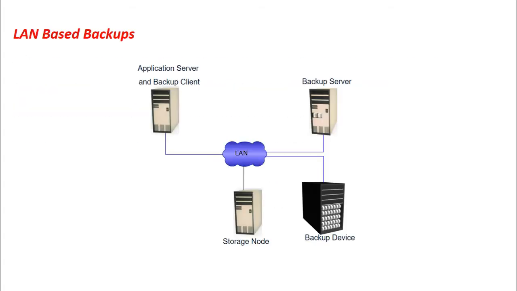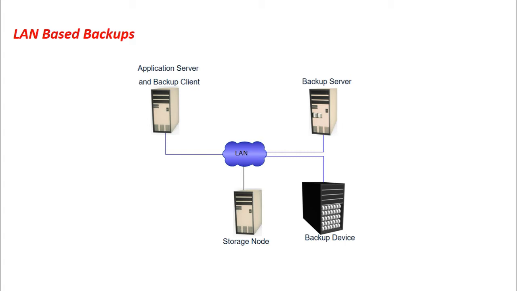Now let us proceed to the next type of backup, that is LAN based backup. In LAN based backup, the clients, the backup server, storage node and backup devices are all connected using the local area network. As we can see, all these components of the backup architecture are connected using a local area network, hence the name LAN based backup topology.